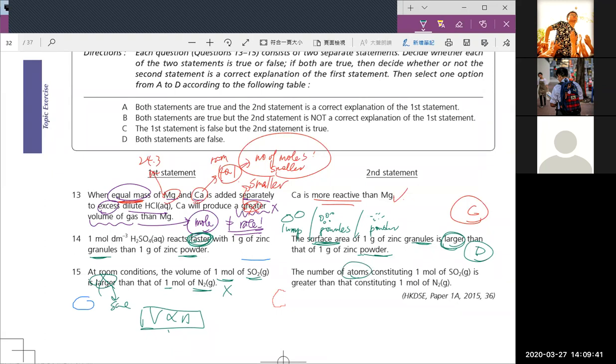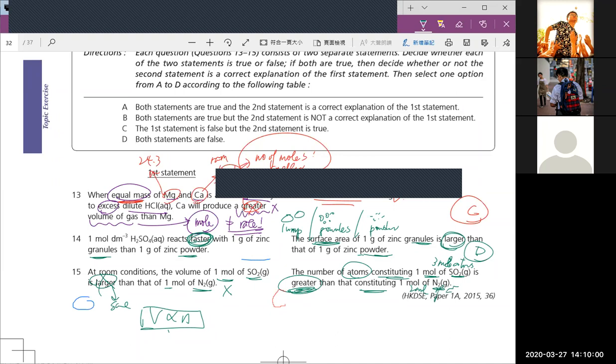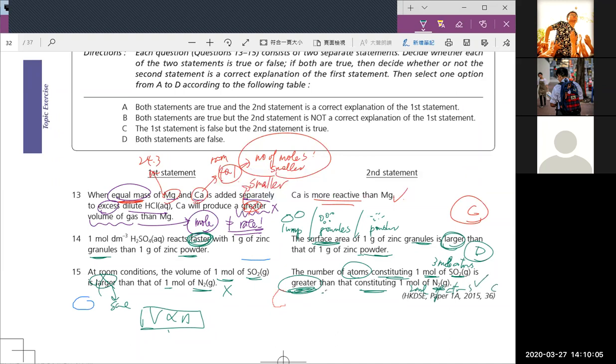The number of atoms constituting 1 mole of SO2 is greater than that constituting 1 mole of N2. Now, 1 mole of SO2 has 3 moles of atoms, right? How about this? We've got 2 moles. So the answer is greater. Yes, that's right. This is a cross and a tick. Here comes C. You get the point?